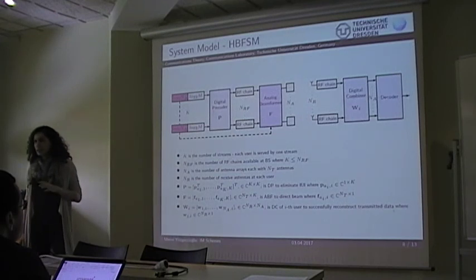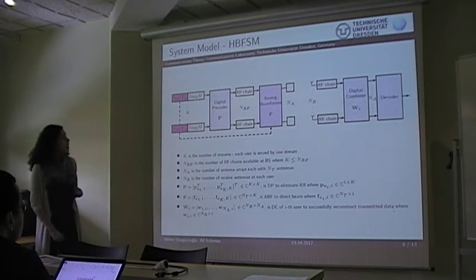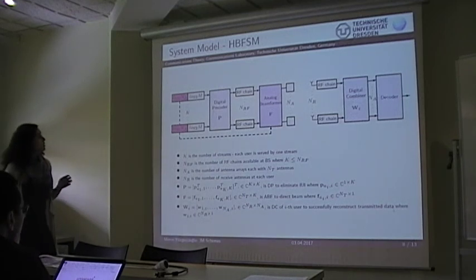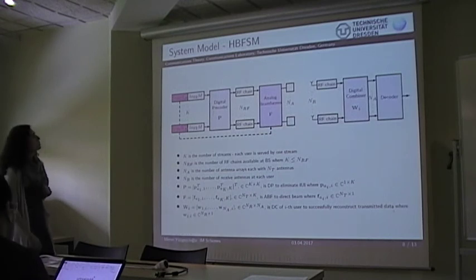More than one data stream can be used to transmit data from one antenna array. So there is no limitation in that sense, but the number of data streams should be less than or equal to the number of RF chains.